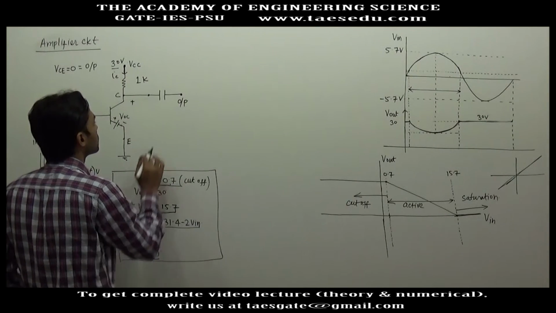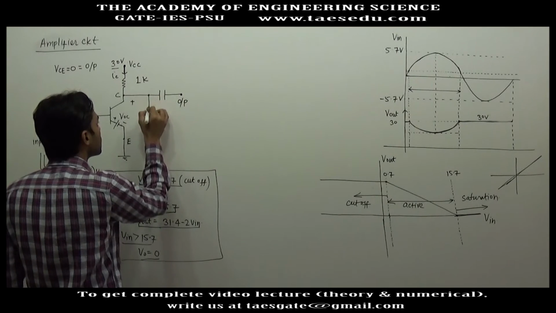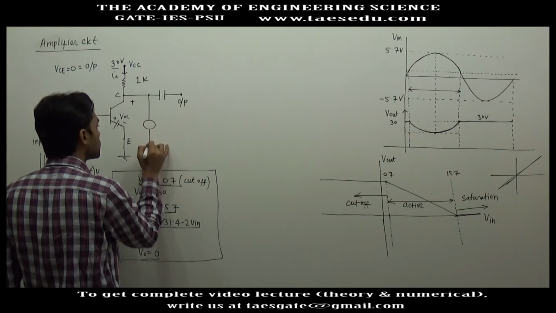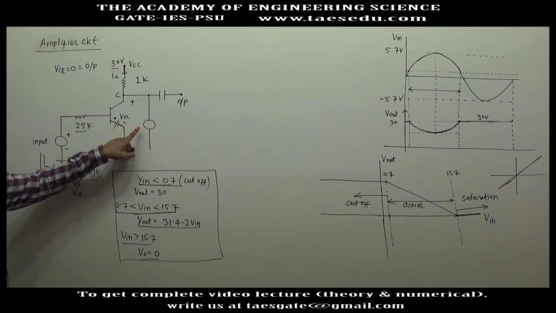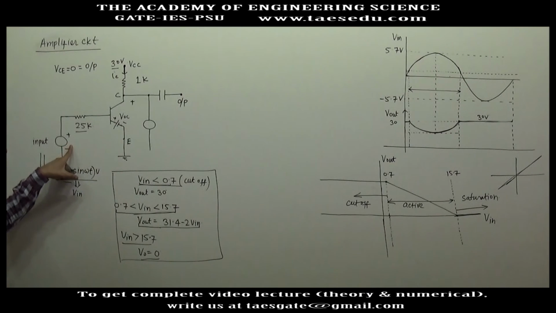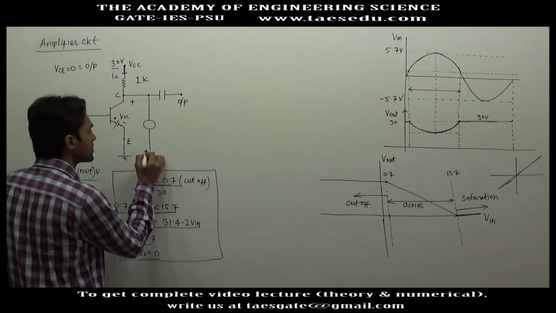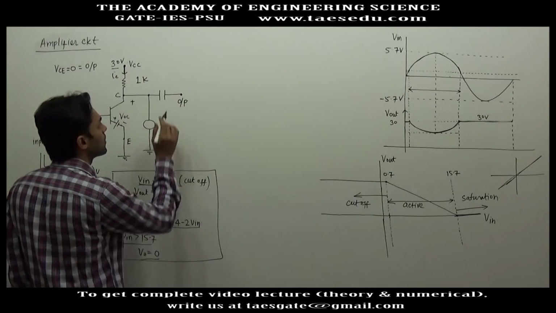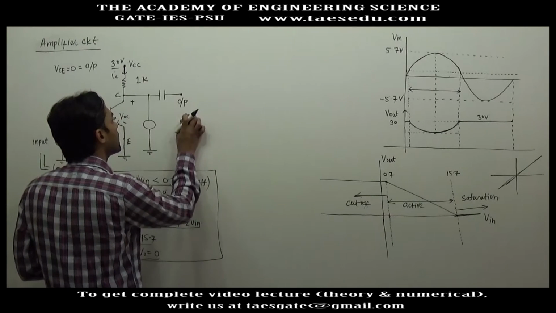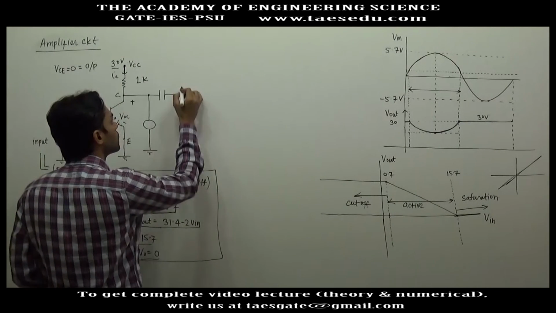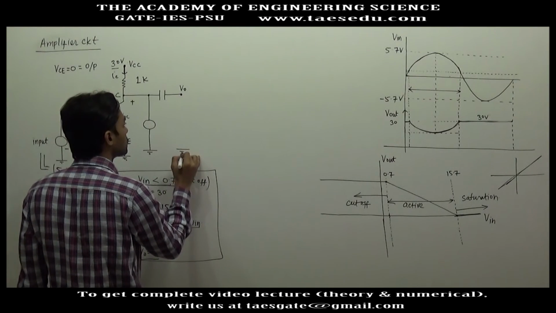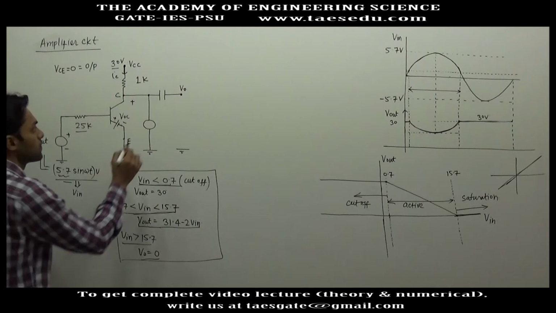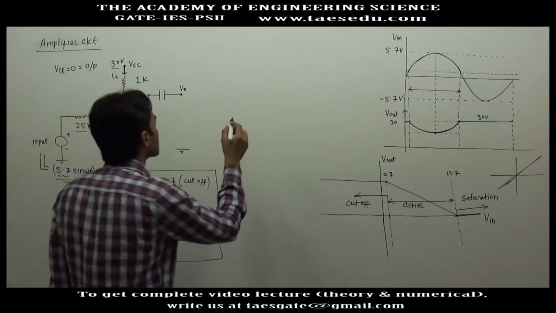So you can view it as a voltage source which has magnitude given by this expression. This output voltage depends on input voltage. For different ranges of input voltage, this output voltage will vary, and this is with respect to ground. And I have added a capacitor here, and at this point you have to find out the output voltage, and this voltage will also be with respect to ground. So it makes a circuit.